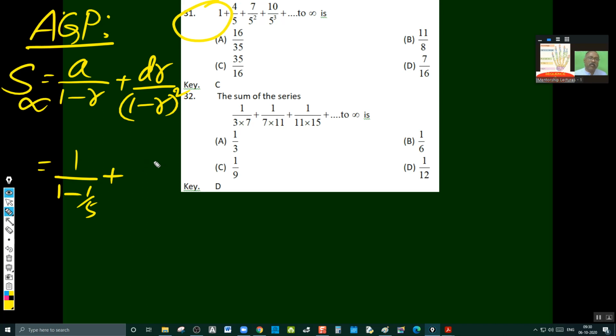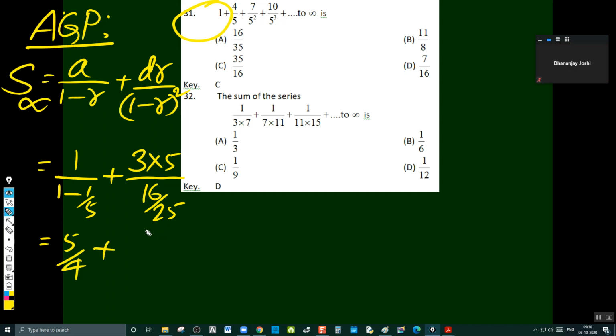Plus dr, what is d there? 3 into 1 by 5 divided by 1 minus 1 by 5 whole square. It is 4 by 5 whole square. So 16 by 25. It is 5 by 4 plus 15 into 25 by 16, please.